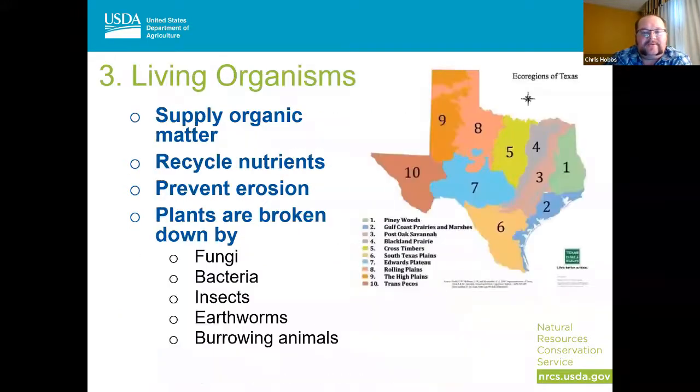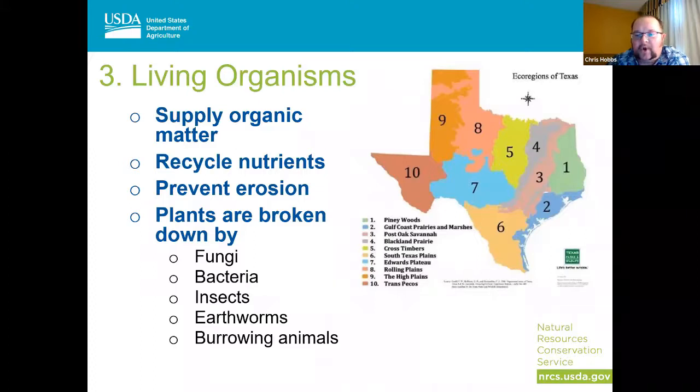All right, the next one is living organisms. Plants affect soil development by supplying upper layers with organic matter, recycling nutrients from lower to upper layers of the soil, and helping to prevent erosion. In general, deep-rooted plants contribute more to soil development than shallow-rooted ones because the root channels they create allow greater water movement.